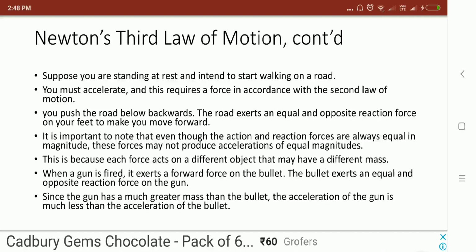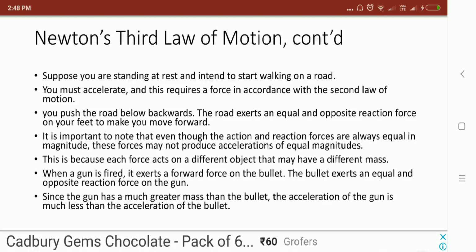If the mass of an object is less, acceleration can be more, and if the mass of the object is more, then the acceleration experienced by the force is less. Just like when a gun is fired, the mass of the bullet is very small, so it gets a very high acceleration.